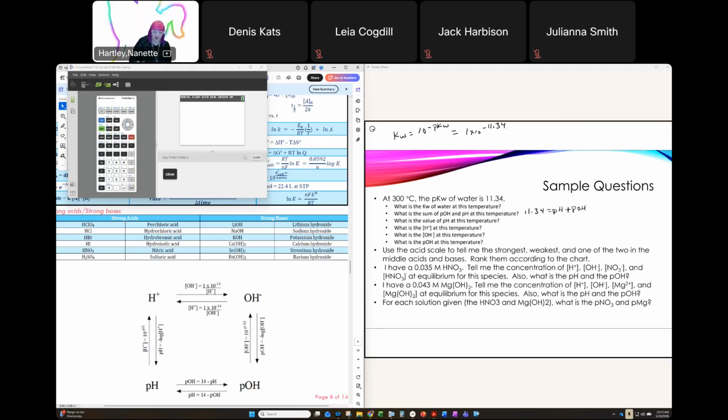What's the value of pH at that temperature? Well, if we're in a neutral situation in water, the pH and the pOH are equal to each other, just as they're both 7 when the overall is 14. So we're going to take that 11.34 and divide it by 2 to get what the value of pH and pOH are.